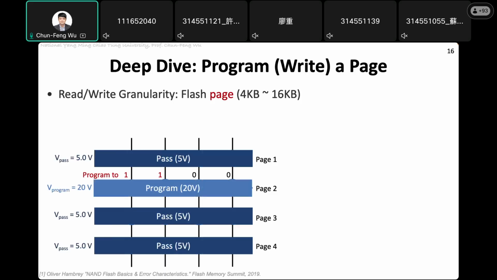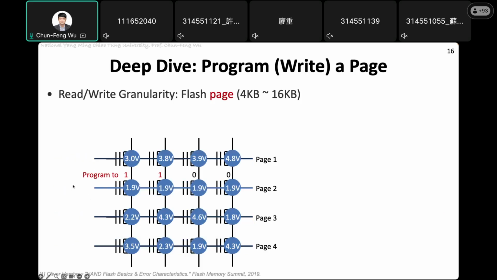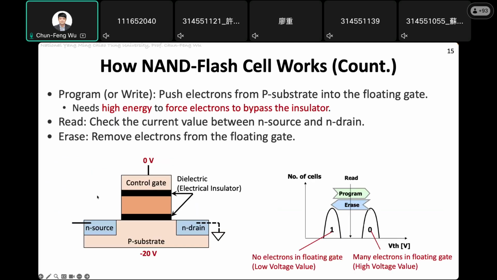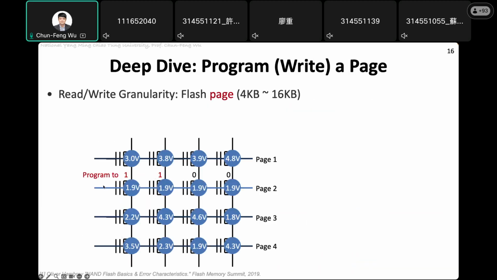Okay, so what we are going to do is the same thing. We will apply a super high voltage, let's say 20 volt here. Okay, so this 20 volt is applied to this direction. This one is the control gate. If you still remember, this one should be rotated by minus 90 degrees. So this control gate actually is here, and this one is the P substrate.